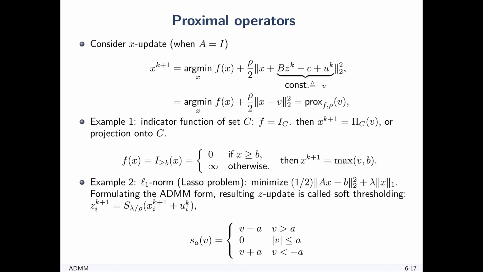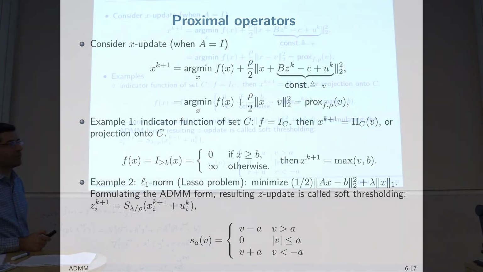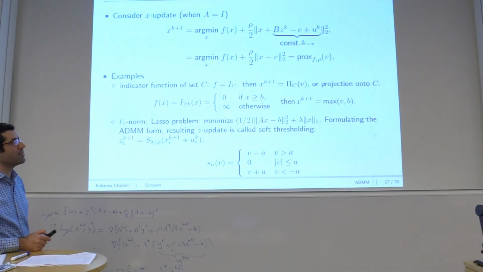So if we call it minus v, let's say, then you have this form, which is equal to the definition of the prox operator of f and rho. What it means is that minimize f with respect to x, but stay close to v as much as you can.